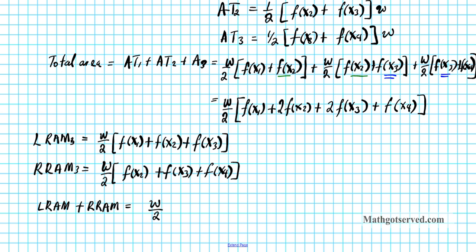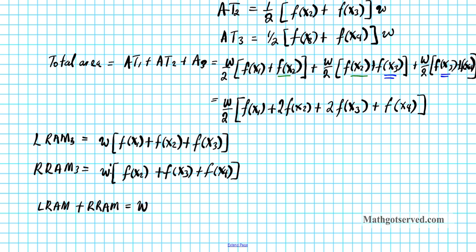Oh, I made a mistake. For the rectangular approximations, there's no denominator, so let's erase that. Sorry about that. So there's no W over 2, just straight W. So let's fix that. W, it's just a width, right? W. Okay, good.